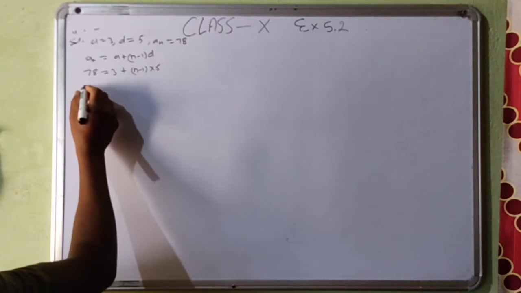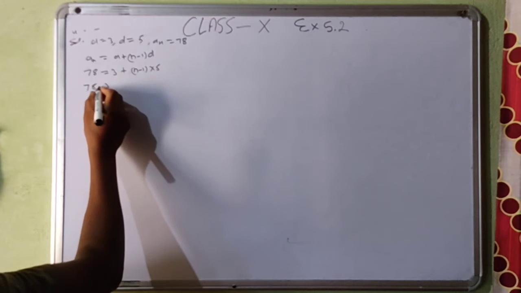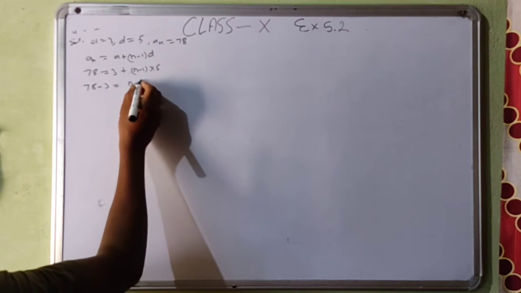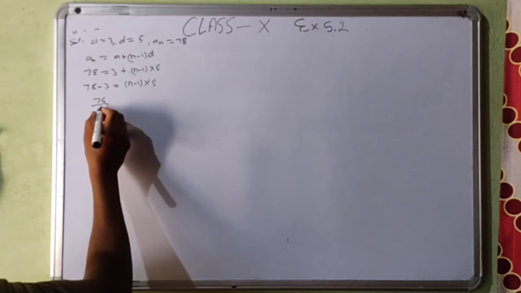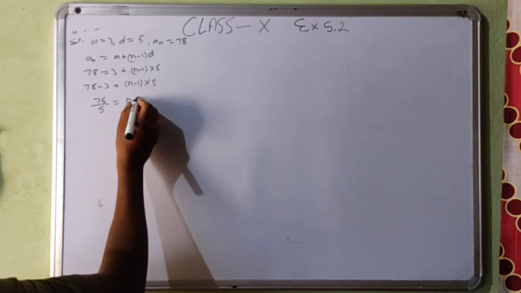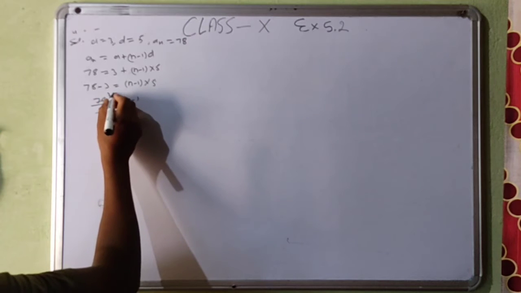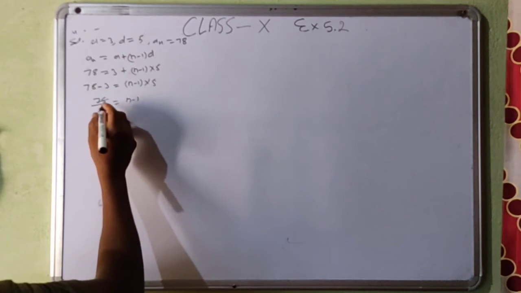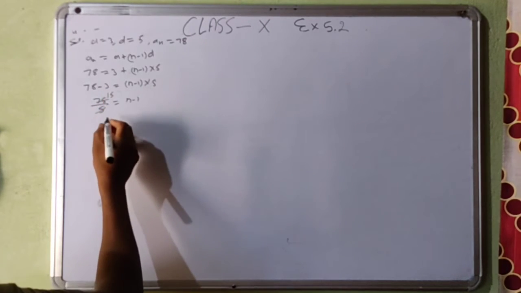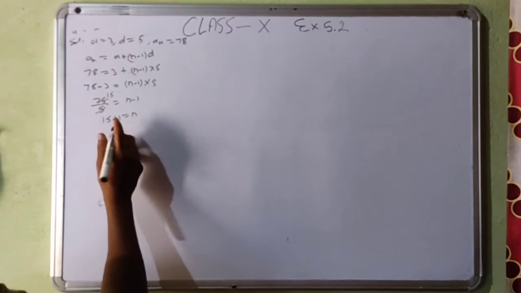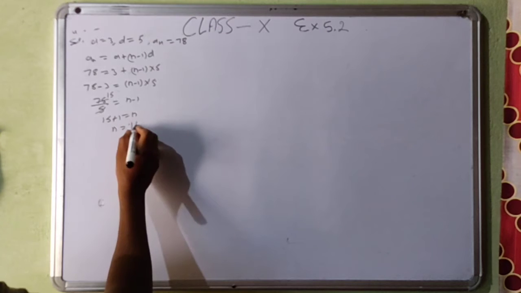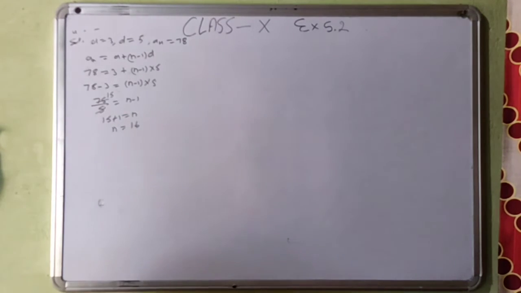So first of all 3 will come this side, 75 is equal to N minus 1 multiply 5. So that will be 75 upon 5 is equal to N minus 1. 5 15s are 75, so 15 plus 1 is equal to N. So N is equal to 16. So that is the answer, the 16th term.